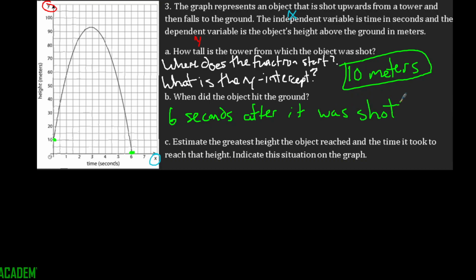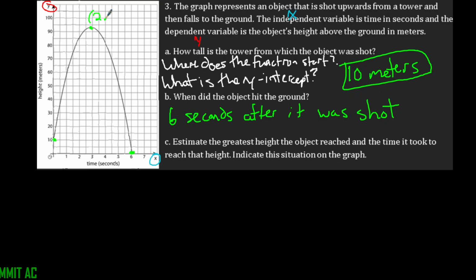And for the last one, it says estimate the greatest height the object reached and the time it took to reach that height. Indicate the situation on the graph. So let's find that point. You're going to be able to find where your tallest point is, and I can say, hey, it's going to be about right there. And so what's going to be that point? Well, I'll give you that point.